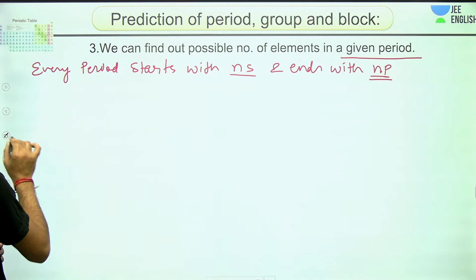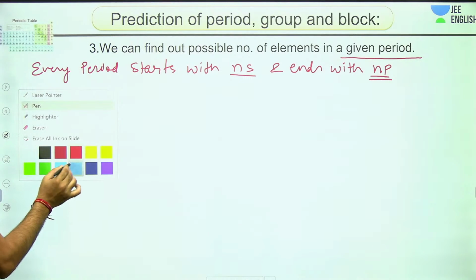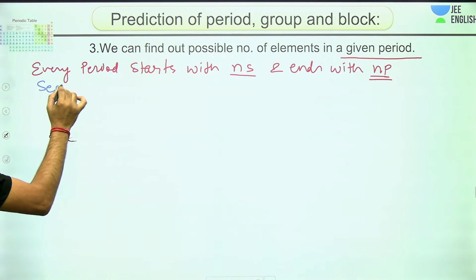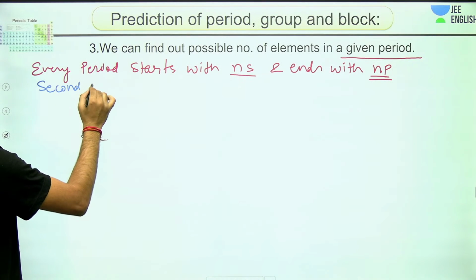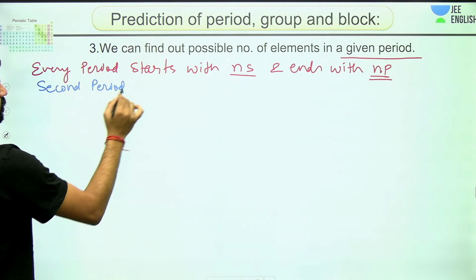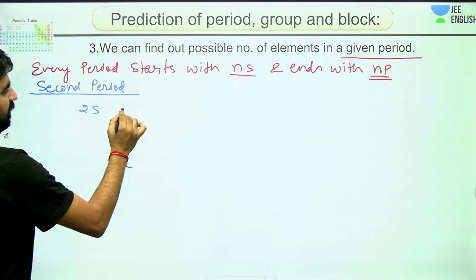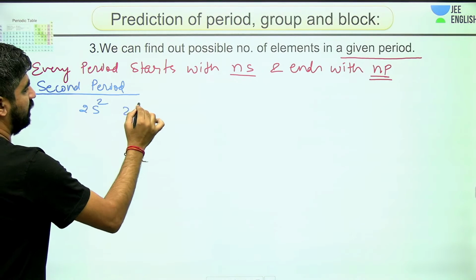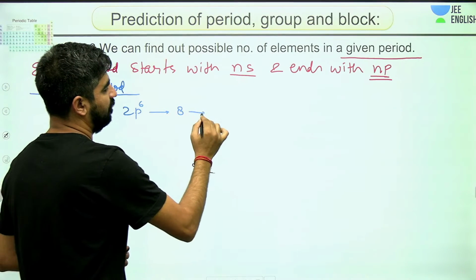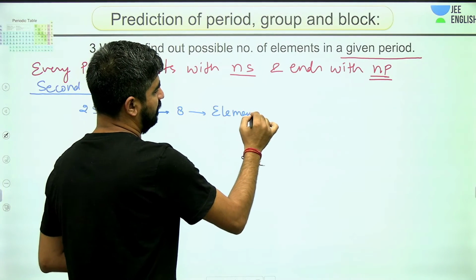So if I'm talking about the second period, it will start with the 2s and end with the 2p. So 2 and 6, 8 electrons are possible. So there will be 8 elements.